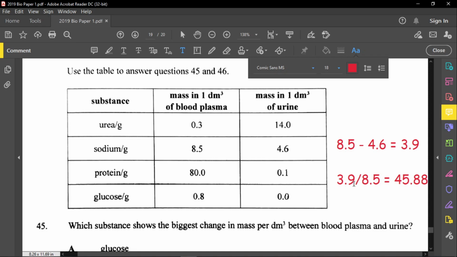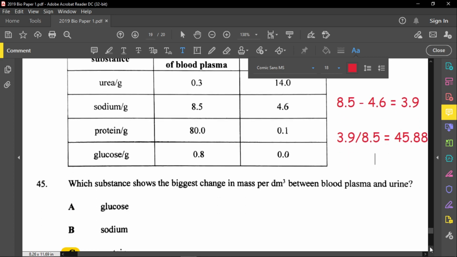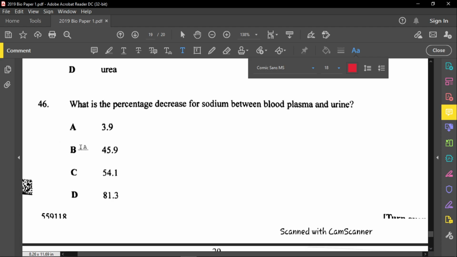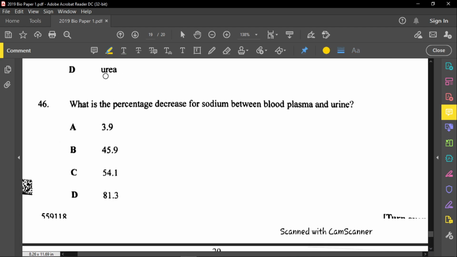Okay, so 45.88 is our answer. Let's go down and see what we get here. 45.88 can be rounded off to 45.9. So option B is our correct answer for question number 46.